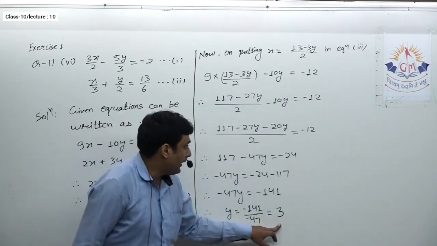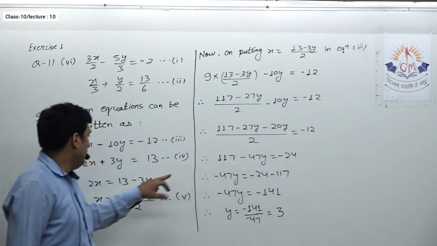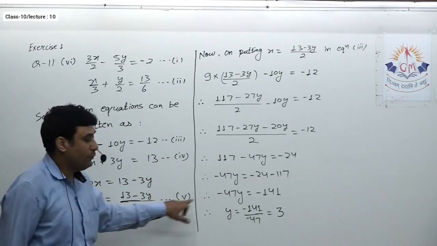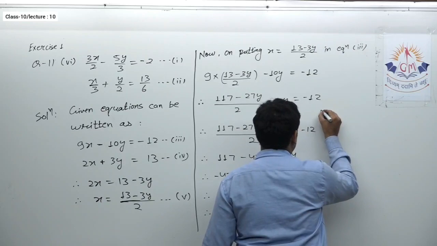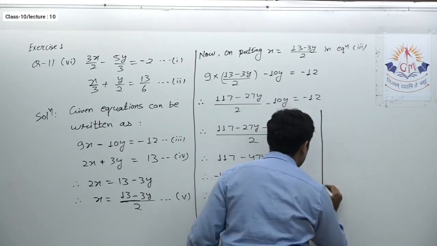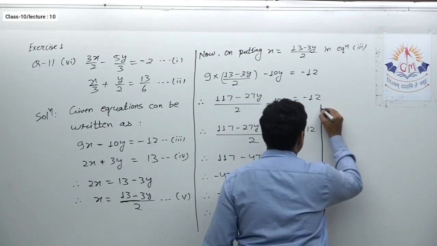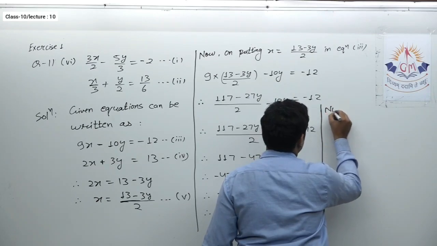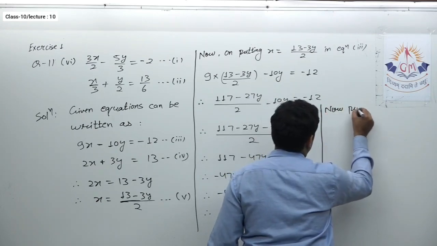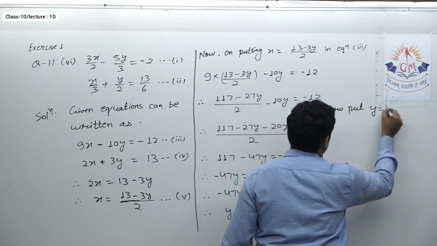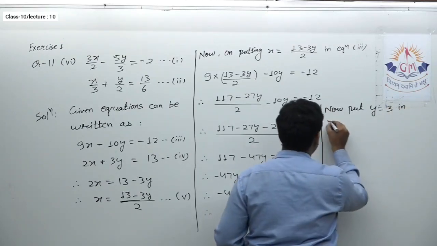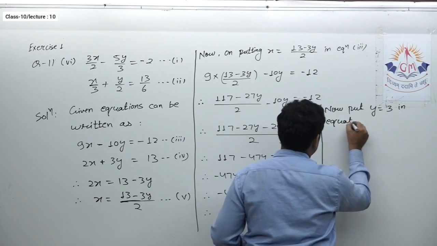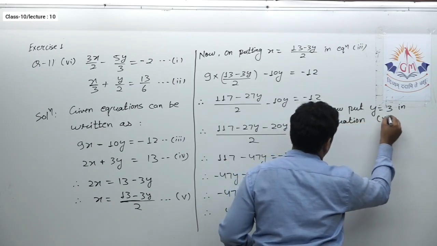Now we'll put y equal to 3 in equation number 5 to get the value of x. So here I am solving it further. Put y is equal to 3 in equation 5.